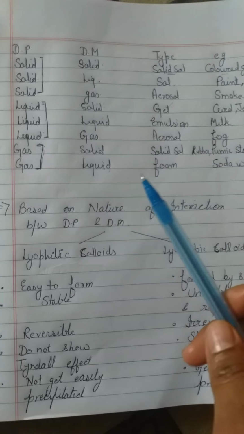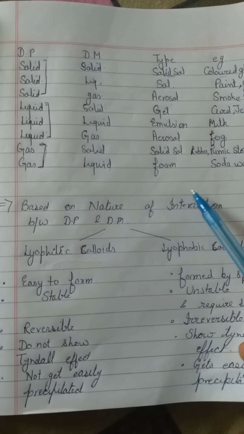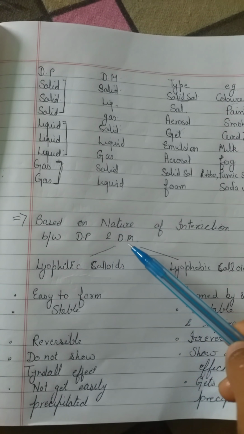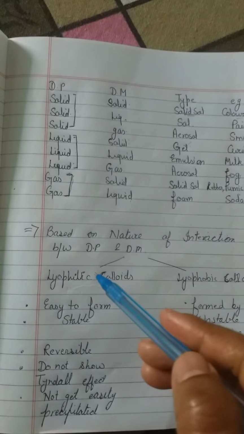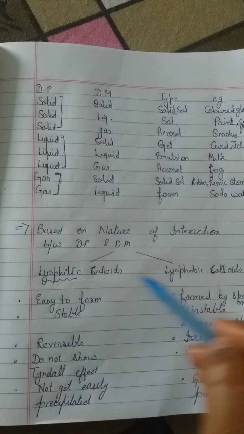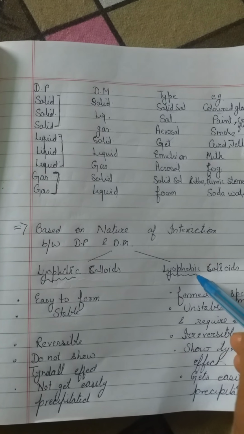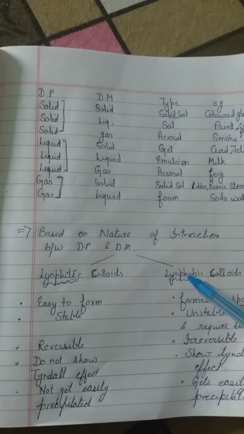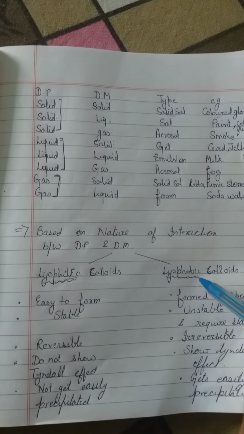Now the next type of classification, the second type of classification, is based on the interaction between the dispersed phase and the dispersed medium. What type of interactions are they going to possess? On the basis of that, we get lyophilic and lyophobic colloids. As is clear from the words, philic means loving, and phobic means we have a phobia, that means hating.